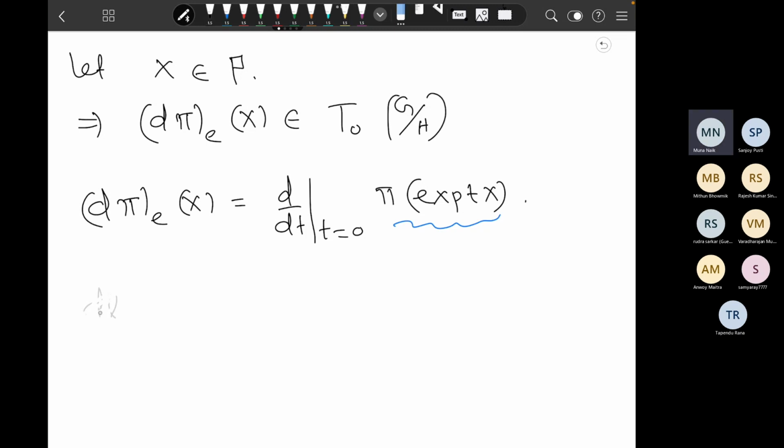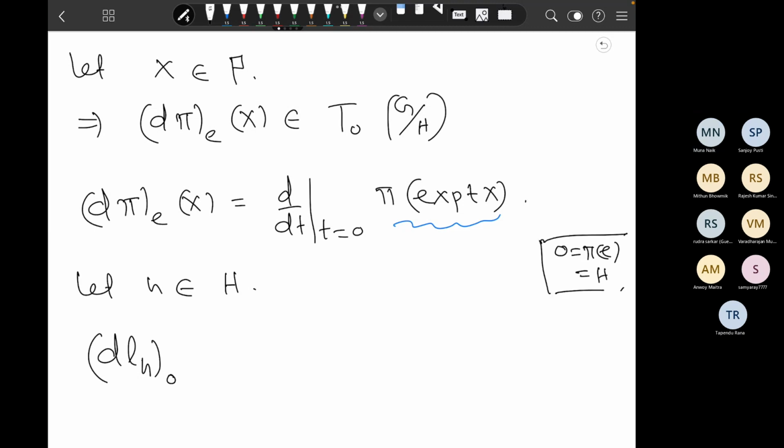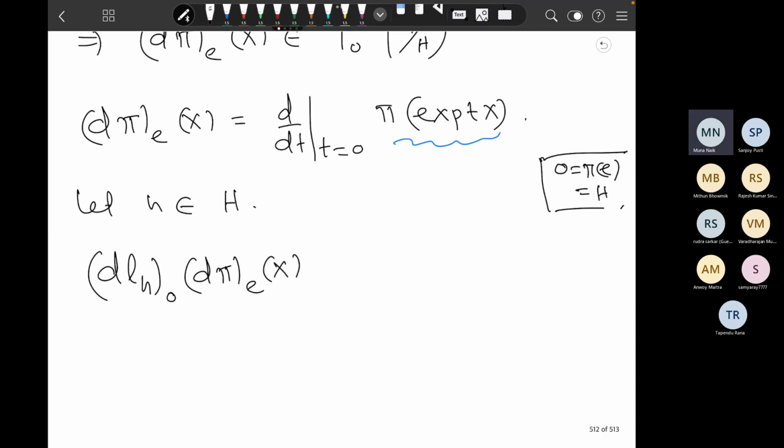So let h belong to H. Here o is pi of e, and this is really h. So dL_h of d pi e X is d by dt at t equal to 0 of L_h of pi of exponential of tX.